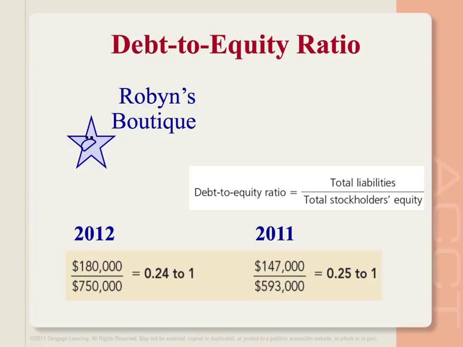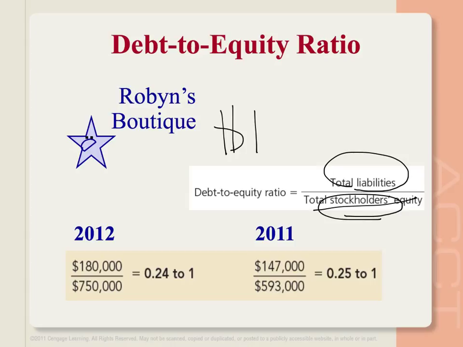Fairly simple formula. You take the total liabilities divided by the total stockholders' equity. And in this case, this ratio tells us that for every dollar of capital, that's here, equity, capital stock and retained earnings, creditors provided 25 cents in the prior year and 24 cents in the current year.